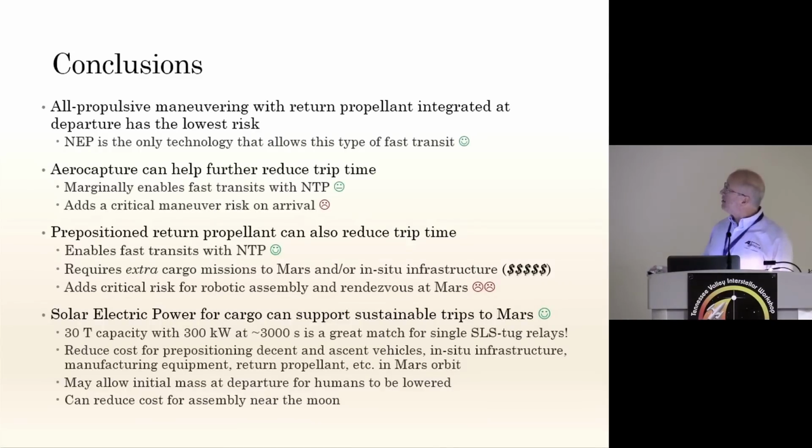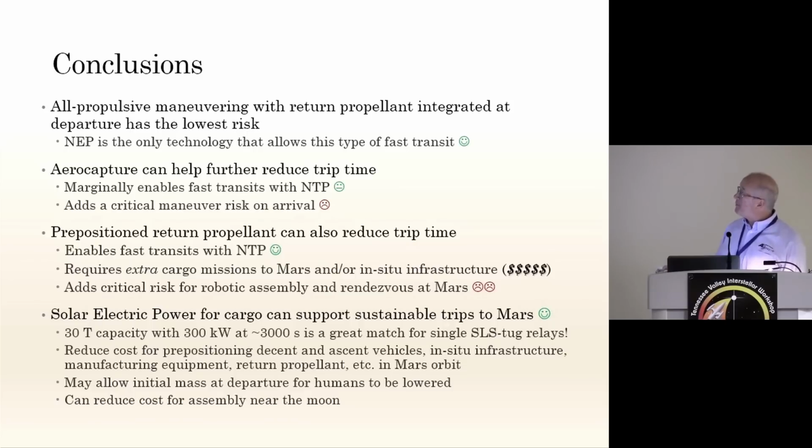Let's see, the conclusions here, I don't have a lot of time, but NEP is the only technology that really allows fast transits on a 2.5-year cadence. Aero capture, if you do it propulsively, is the lowest risk option. Aero capture definitely helps. It makes nuclear thermal become marginally fast, but it adds this critical maneuver on arrival. Aero capture is not easy.